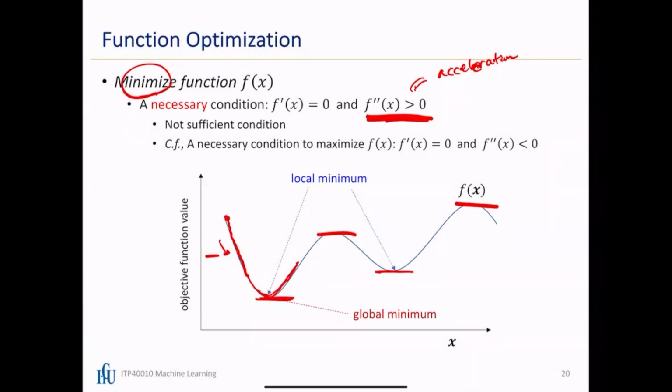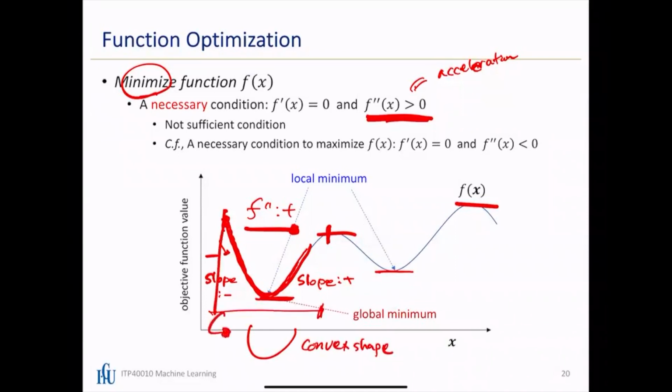So the slope is negative here and the slope is positive here. So at least within this span, the acceleration, f double prime, is positive. While you are doing this, that means your original function is shaped as a convex. Within this period, if you find f prime becomes 0, then it's going to be a possible minimum.